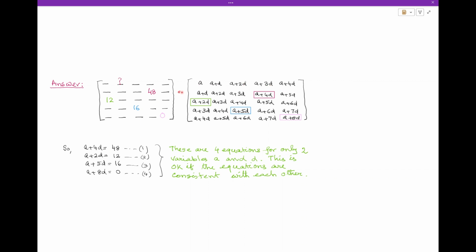And in the second row, it will go as A plus D, A plus 2D, A plus 3D, A plus 4D, A plus 5D.